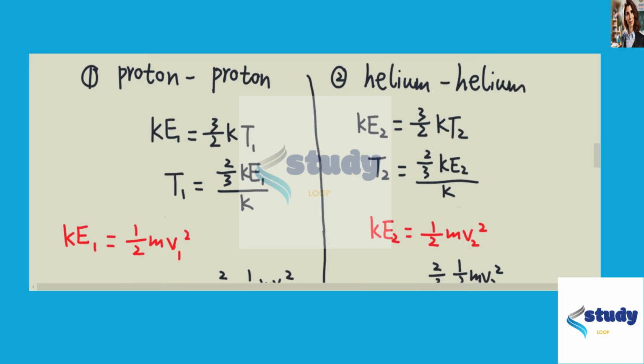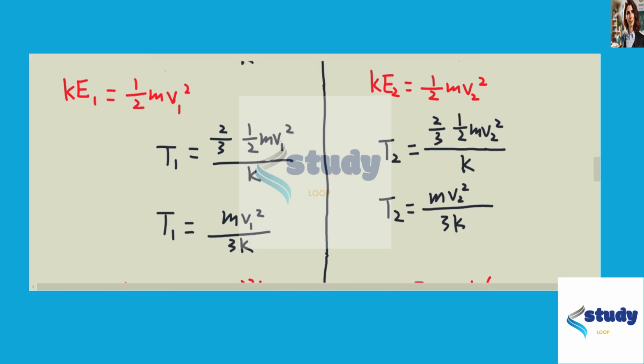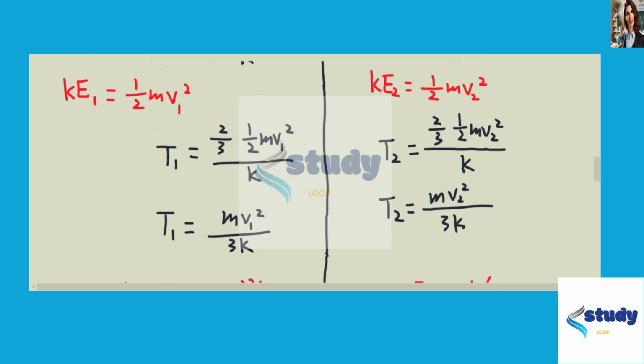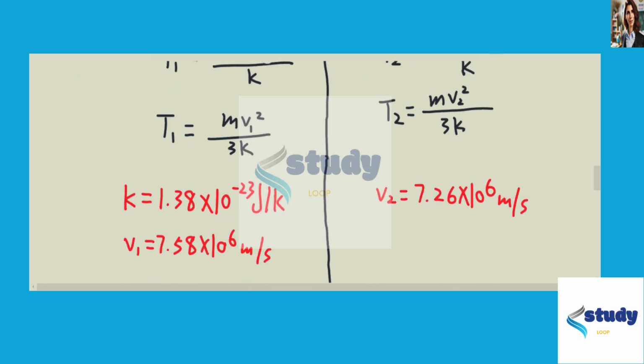We have KE1 equal to 3 over 2 kT1, so T1 is equal to 2 over 3 times KE1 over k. The translational kinetic energy equals 1/2 mv1 squared. Therefore, T1 is equal to mv1 squared over 3k.